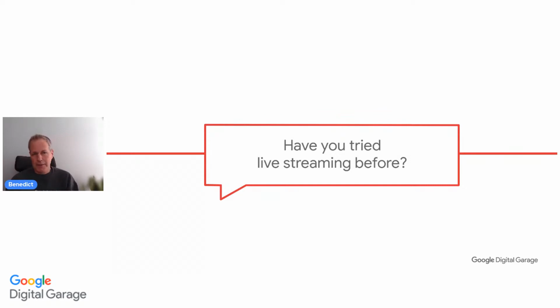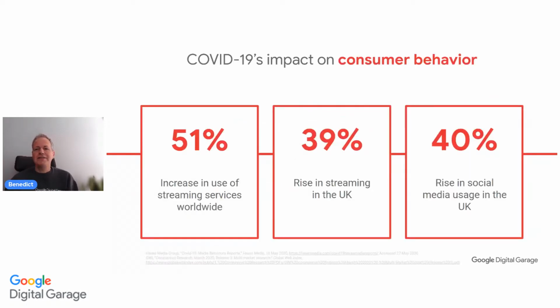All right, first of all, just to demonstrate the rise in live streaming popularity and social media activity since COVID-19, this is a big thing. There has been a 51% increase in streaming services worldwide, and also a 39% rise in streaming in the UK and a 40% rise in social media usage in the United Kingdom.